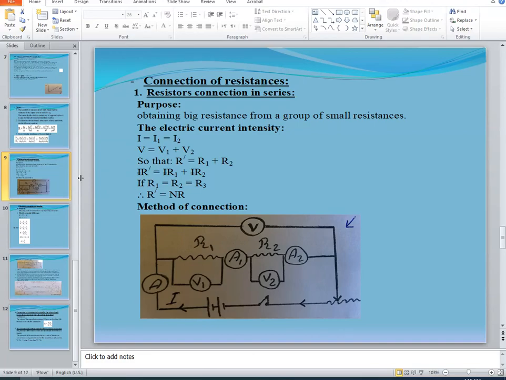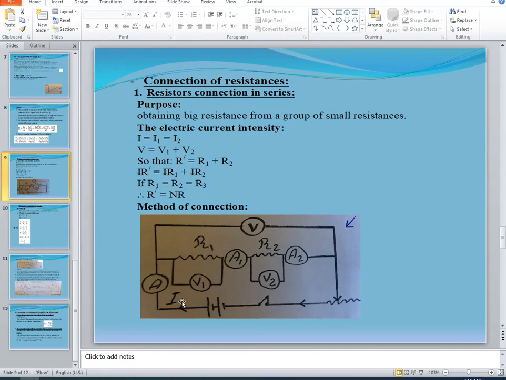Now, number one, resistors connection in series. First, what is the purpose of this connection? The purpose of connecting these resistors together is obtaining a big resistance from a group of small resistances. Why? As you see here, R1 and R2 are connected together in series.